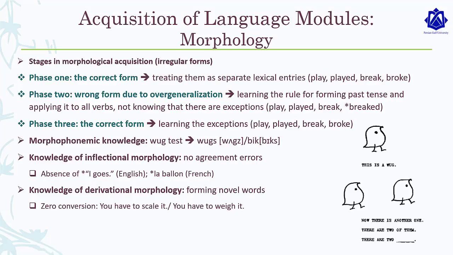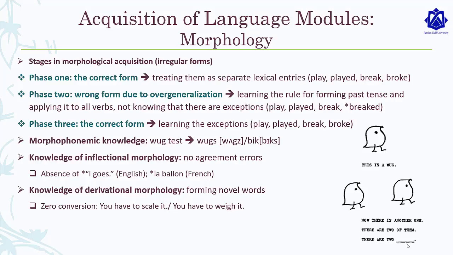They used drawings like what you see here. For example, this drawing for wug, and it said this is a wug. So now there is another one. There are two of them. There are two, and then they would answer with the plural form of wug.